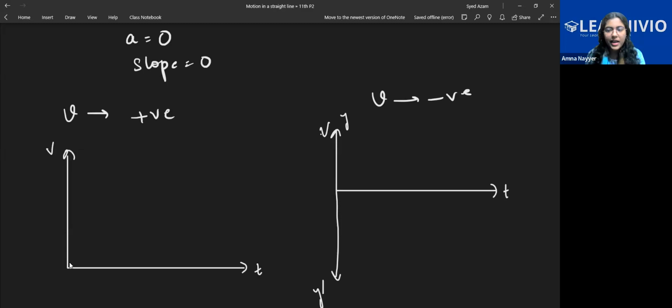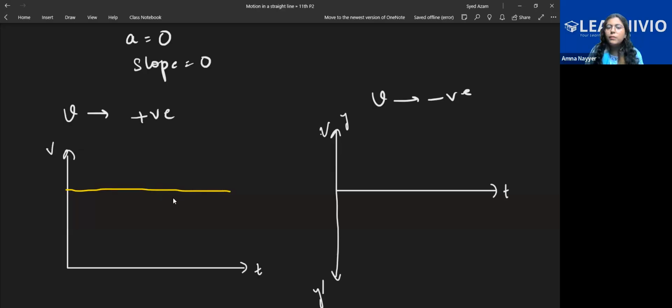If acceleration is 0, is the velocity changing or not? No, because acceleration is the rate of change of velocity. No change in velocity, no acceleration, so velocity will remain constant like this. The slope is also 0.